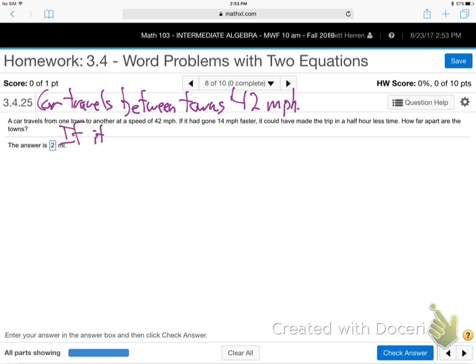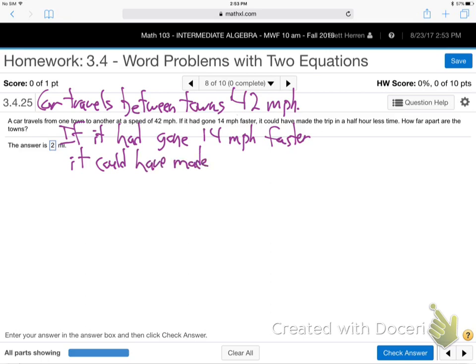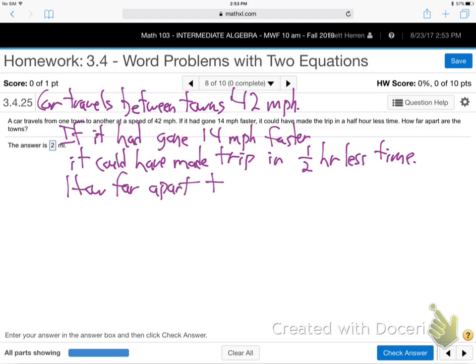If it had gone 14 miles per hour faster, it could have made the trip in a half hour less time. How far apart are the towns?